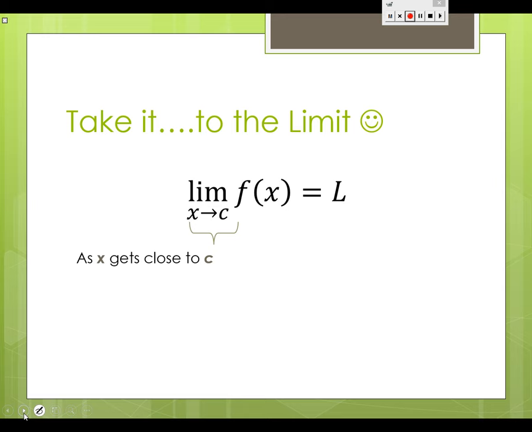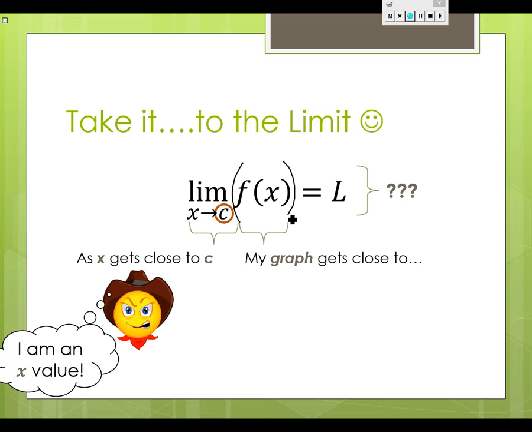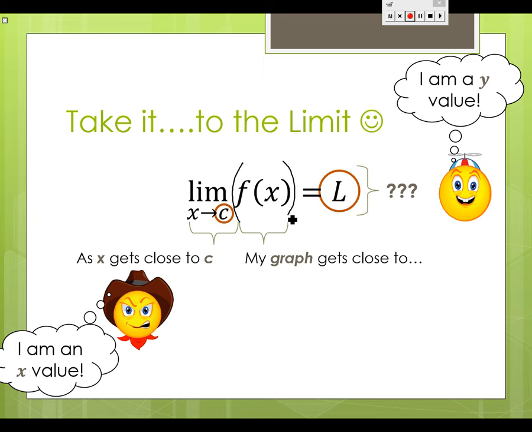We want to think of that symbol as inviting us to let x take on values close to C, whatever C might be. f of x is, of course, the function itself. We want to think of the limit as almost a function of the function: the function itself gets close to some number L. Keep in mind that the C value is something we're letting x get close to, and L is what we're claiming y is getting close to.